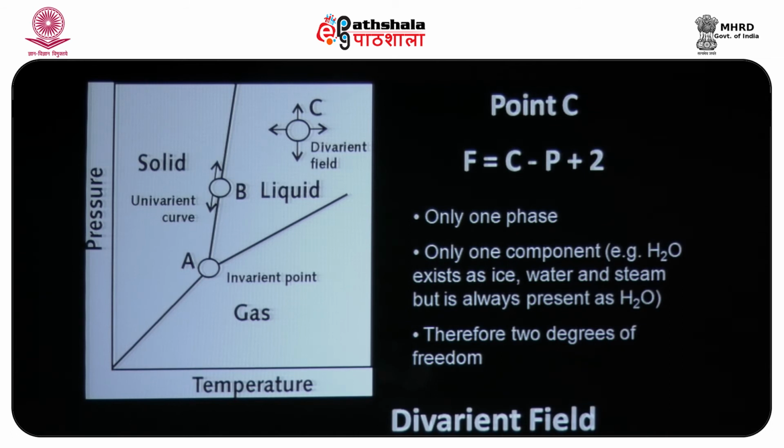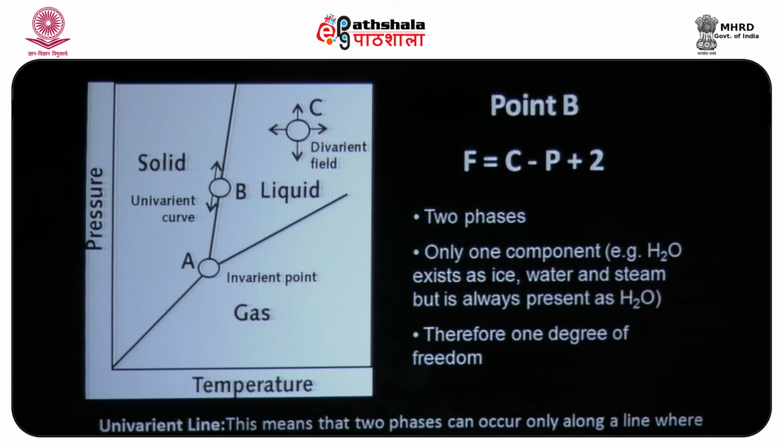So, now the degree of freedom decreases and it becomes 0, and that is your invariant point in a phase diagram. So, the line, again the line has a degree of freedom of 1, and that is what we call the univariant line.